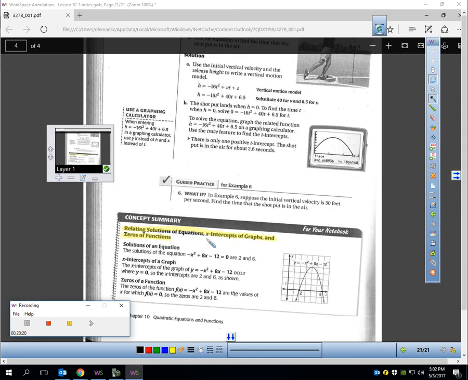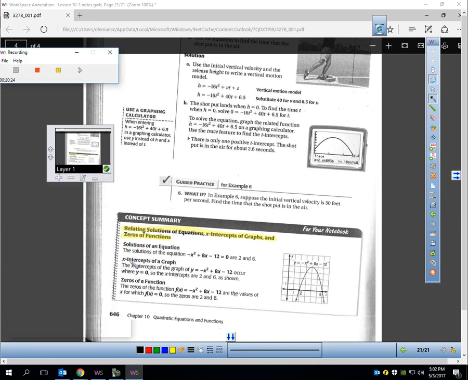To wrap up the video, there's 3 quick things that you need to understand. The solutions to these are the same things as the x-intercepts, which are the same things as the zeros of a function. So if the directions say find the solution, you can use the calculator method that I just showed you. If the directions say find the x-intercepts, I'm asking you the same thing, just in different wording.